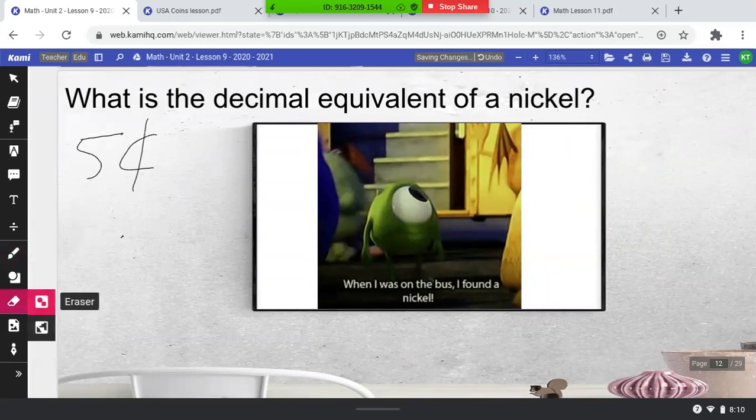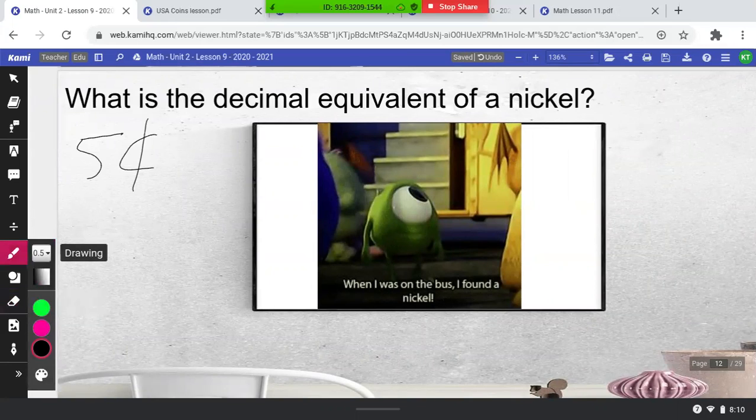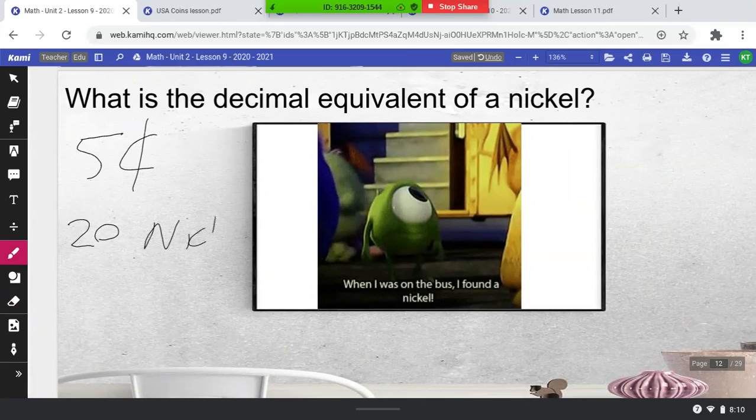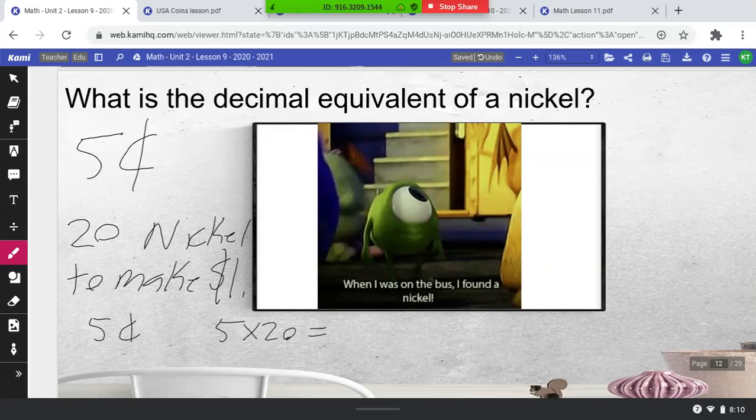Okay. So 5 cents. How many do we need to make a dollar? We need 20 nickels to make $1. How do I know this? Well, a nickel is worth 5 cents, and 5 times 20 equals 100.